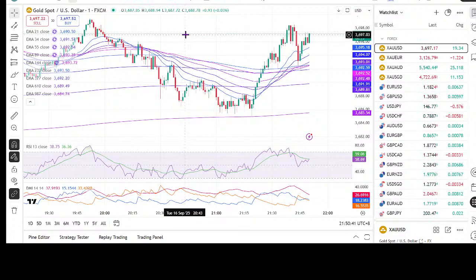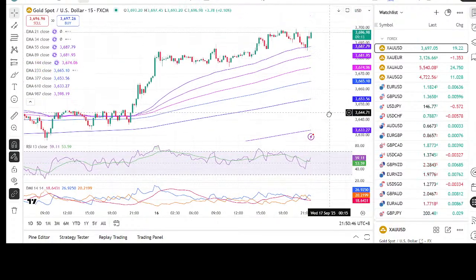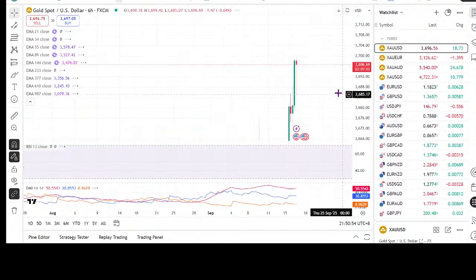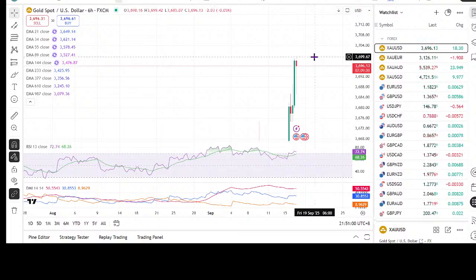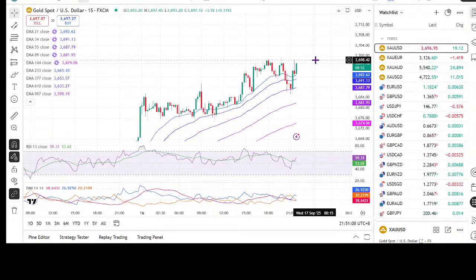Until it breaks, anything can happen. We have 10 more minutes left. Your 6-hour chart is still what we call a hanging man, so we need to see this break, then we can be in a comfort zone. Until then, I wouldn't say the trade is guaranteed, and we would be making.